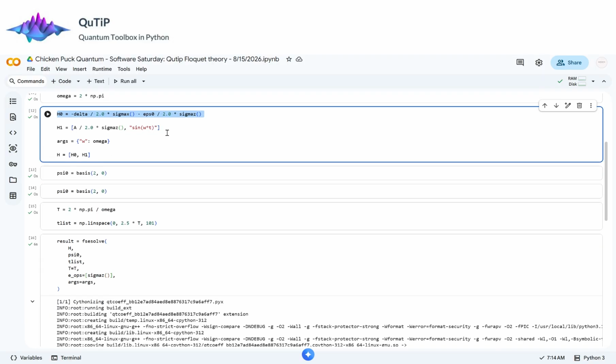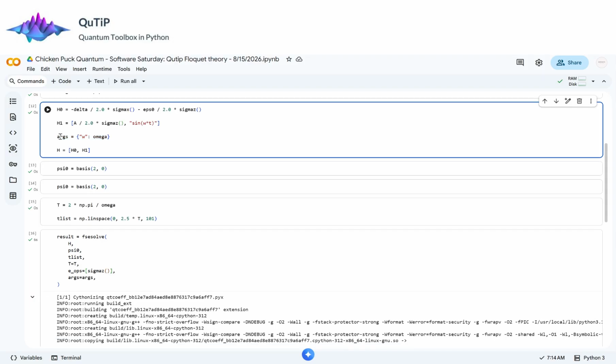So now we have to look at the periodic drive. Here we create the time-dependent driving term, which is the H1 of t, as we defined earlier. QuTiP defines this as a list, and we can see that with these brackets here. So if you are familiar with Python, this will create a list, okay? The first entry is the operator, and the second entry is the time-dependent coefficient, sine omega t.